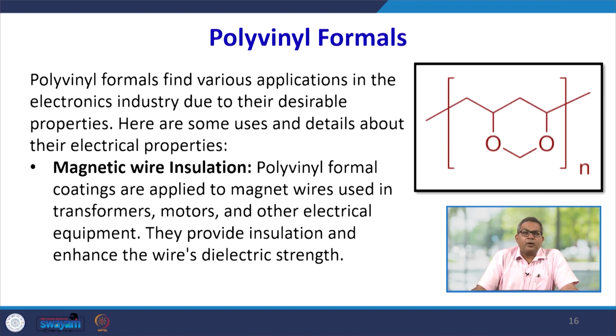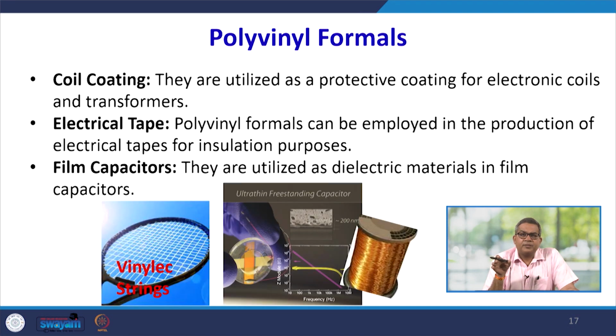Now polyvinyl formals find various applications in the electronic industry due to their desirable properties. We have listed some of the desired electrical properties and uses, like magnet wire insulation. The polyvinyl formal coatings are applied to magnet wires used in transformers, motors and other electrical equipment, and they provide insulation and enhance the wire's dielectric strength.